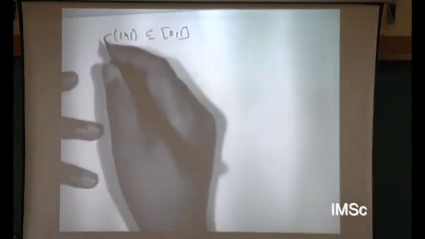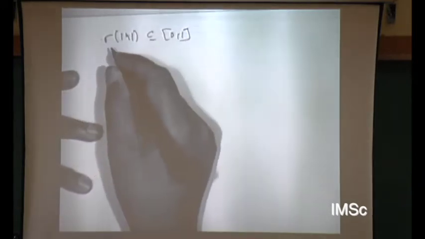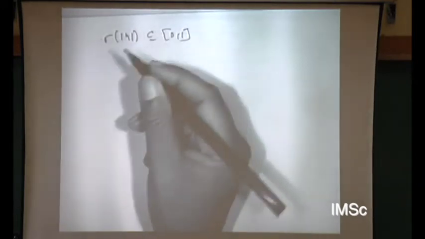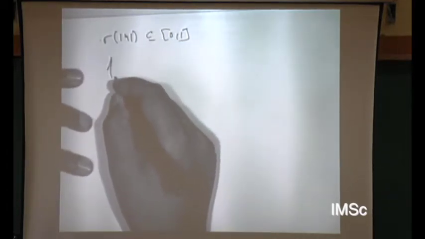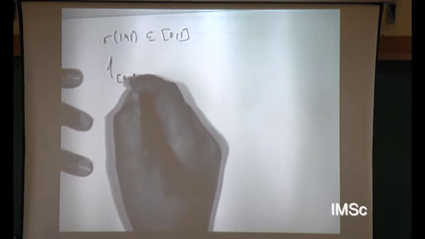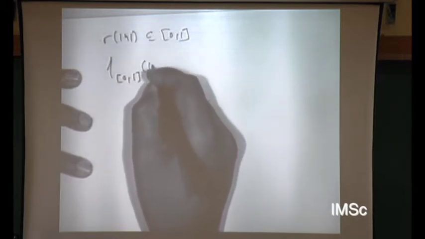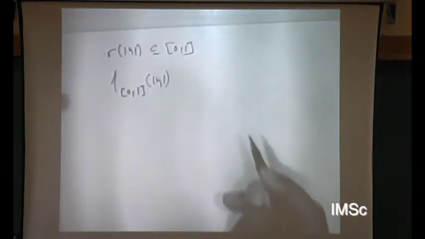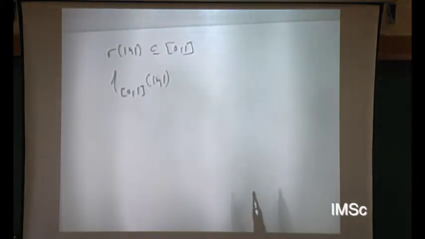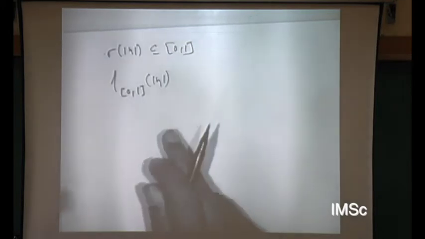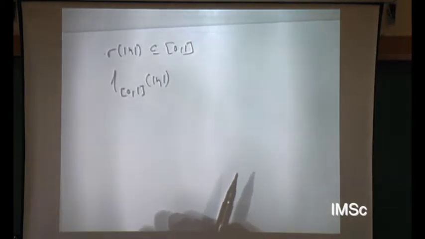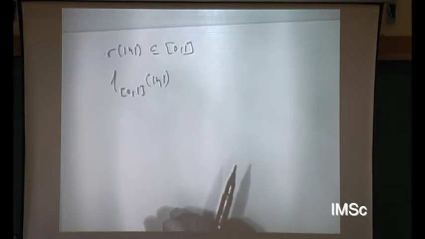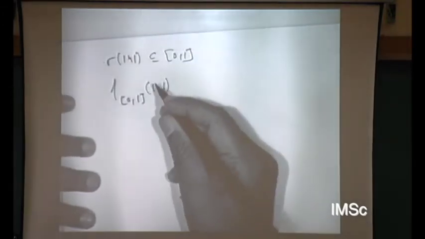Okay. Now we have the bounded functional calculus for mod y. So what is the indicator of 0, 1 of mod y? This is a projection. The functional calculus gives the identity operator, right?